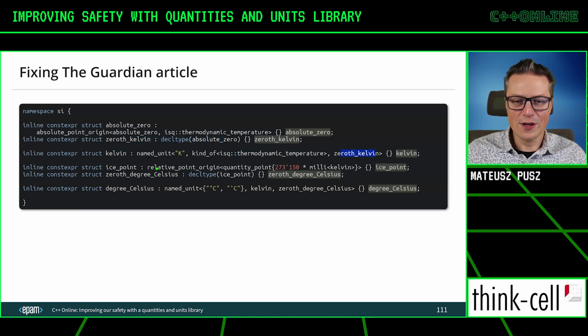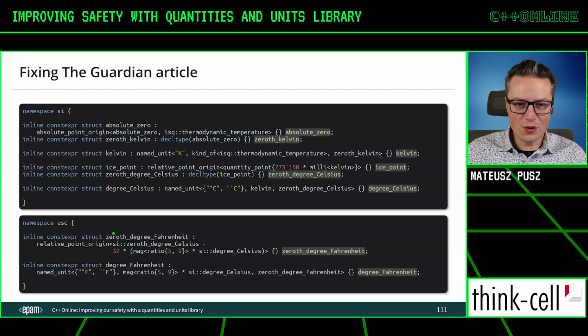We specify the ice point as this value in millikelvins, and this is the same as 0 of degree Celsius, and we use it in the degree Celsius scale. And we also do this for degree Fahrenheit.